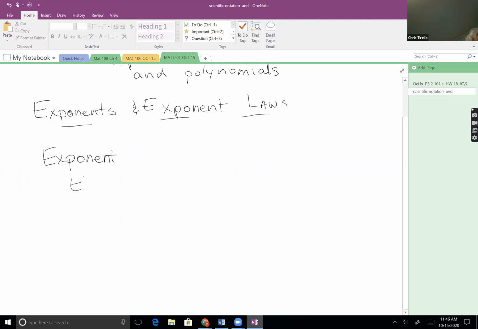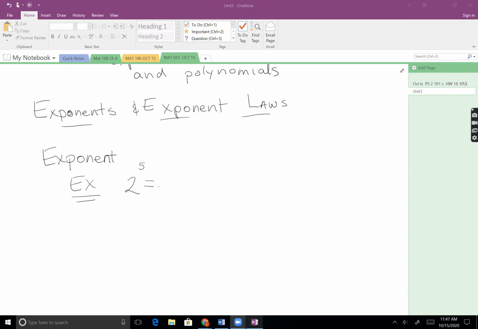Before I do a definition, I'm going to look at an example. If I were to write 2 with the little 5 up above, can anybody tell me what that means? It means 2 times 2, 5 times.